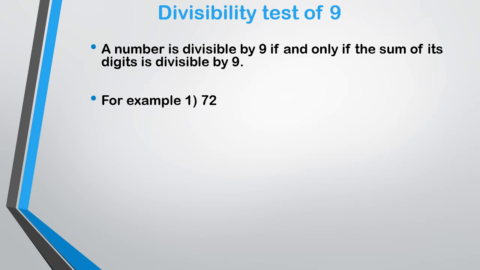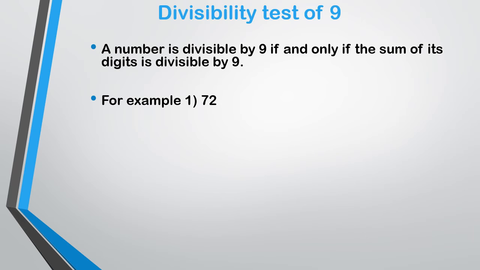Unlike the divisibility test of 2, 5 and 10, we can't say whether a number is divisible by 3, 6 or 9 just by looking at the digit at the end of the number. To check the divisibility of 2, 5 and 10, we usually check the last digit, isn't it?